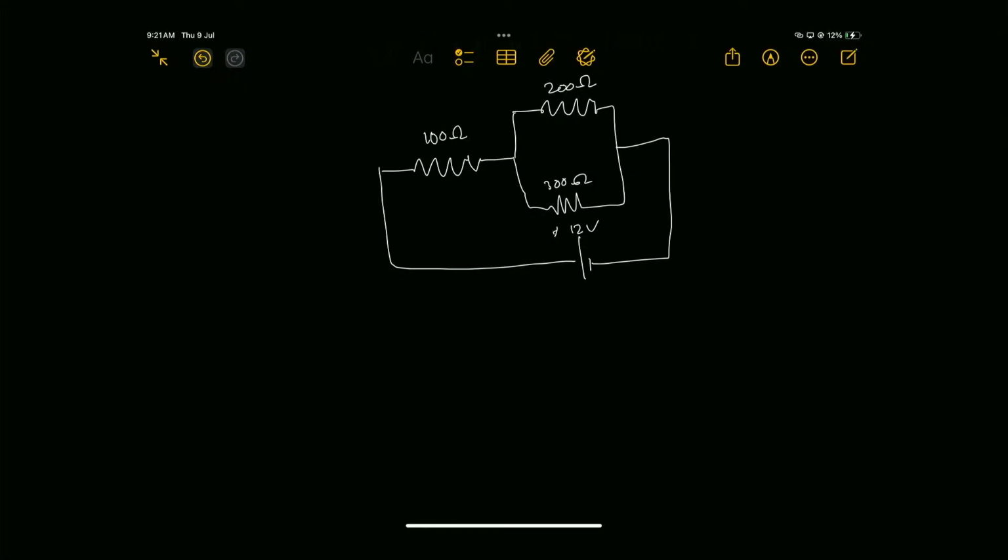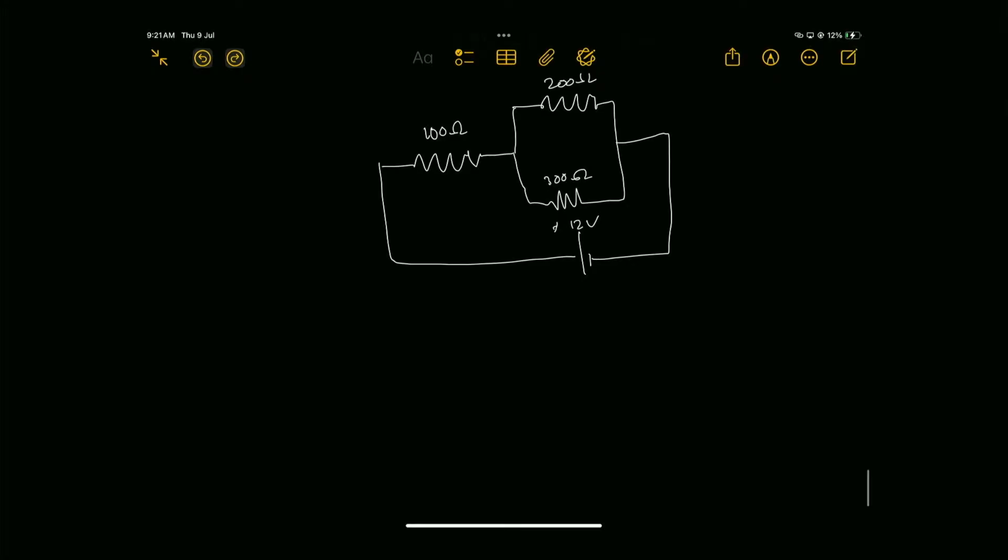And they asked us to determine the equivalent resistance of the circuit given in figure 1. So the first part, what we need to do is find the equivalent resistance of these 2 resistors in parallel.